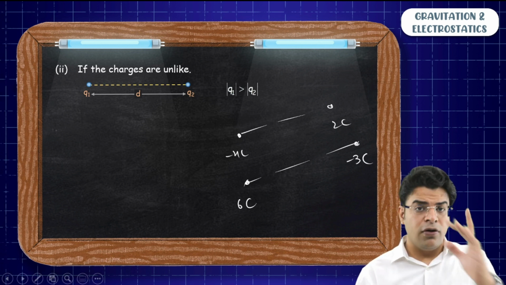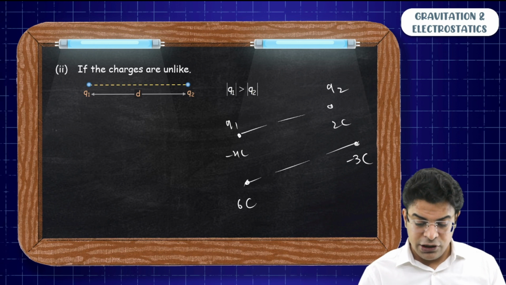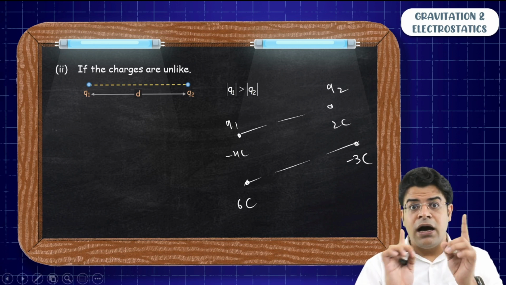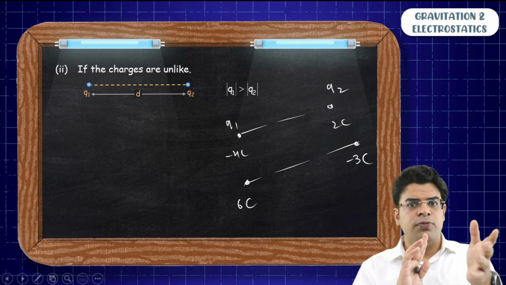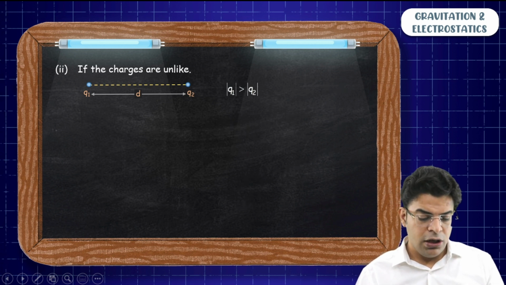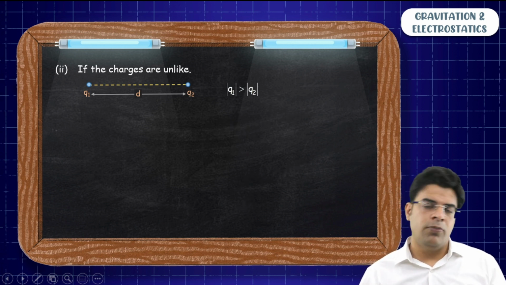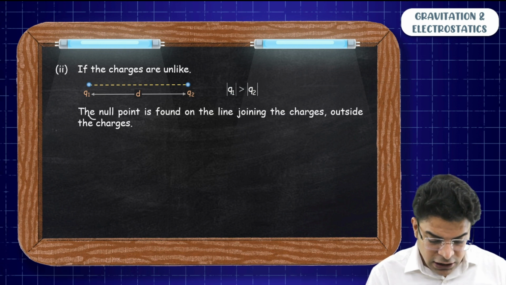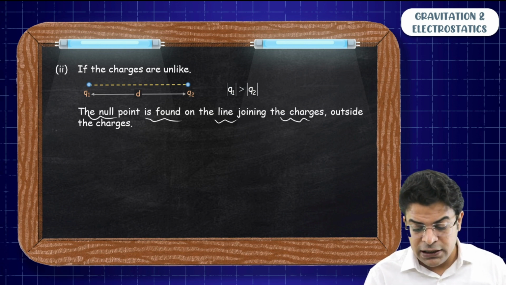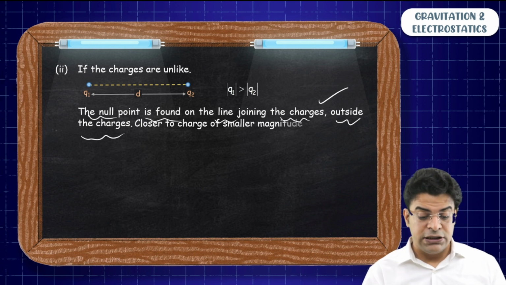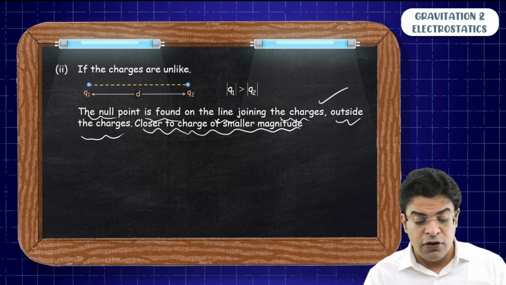One of them is positive, another one is negative. So now where do we find the null point? In this case, the null point is found on the line joining the charges, outside the charges, and closer to the charge of smaller magnitude.